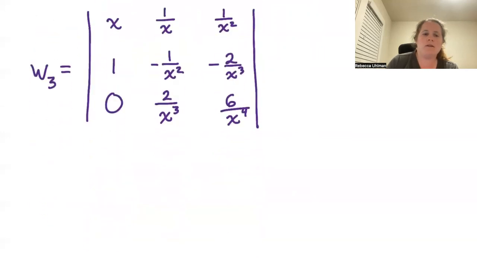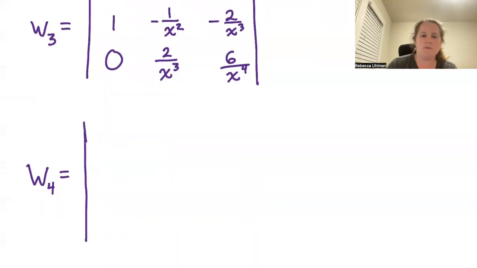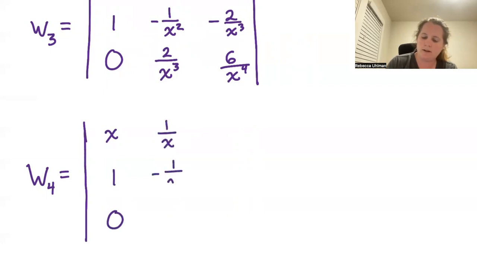And then finally, we also need W4. Again, this time we eliminate the fourth column and the last row. So from the first column, we keep x, 1, 0. From the second column, we keep 1 over x, negative 1 over x squared, and 2 over x cubed. And from the third column, we keep x squared, 2x, 2.